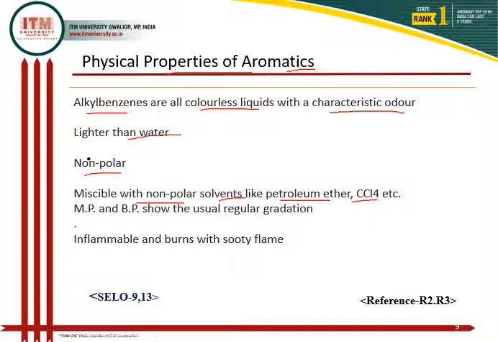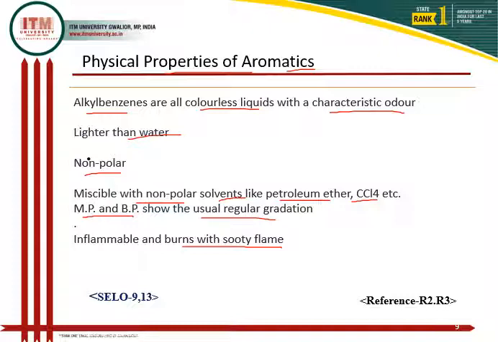The melting point and the boiling point show the usual regular gradation. They are inflammable and burn with a sooty flame. This is the important characteristic of the aromatic hydrocarbon and it is tested by this characteristic.